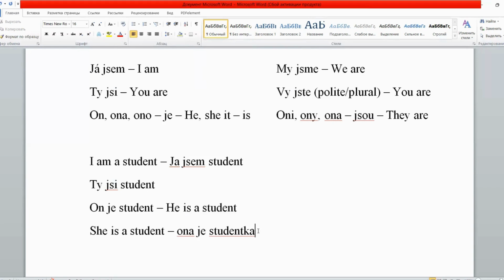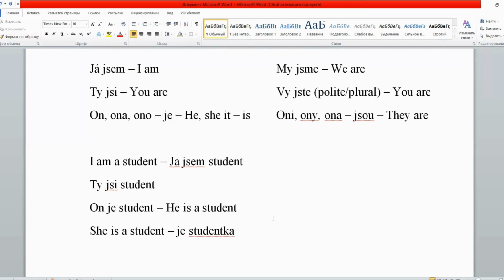Also, you can use just je studentka. It will also be the right version. Je studentka, she's a student, or ona je studentka.